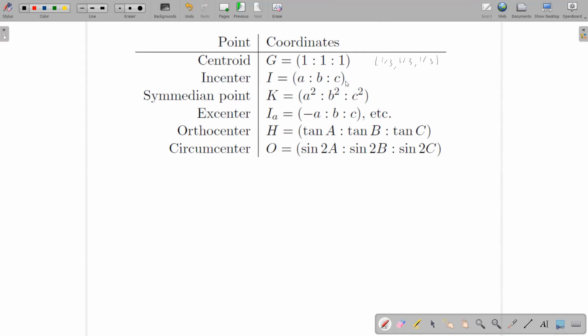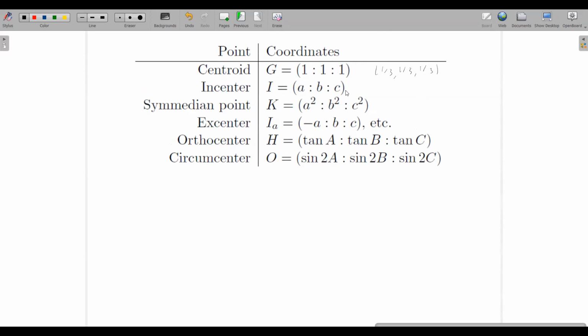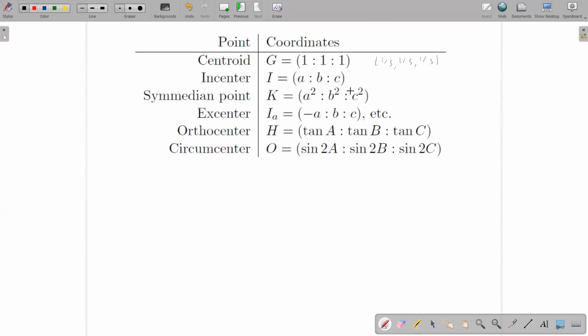The in-center being a, b, c comes down to the angle bisector theorem. The in-center is somewhere here.